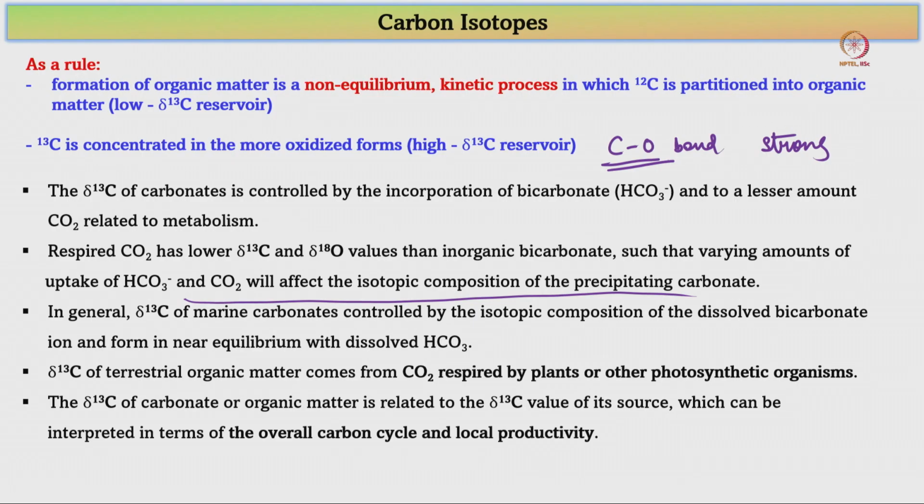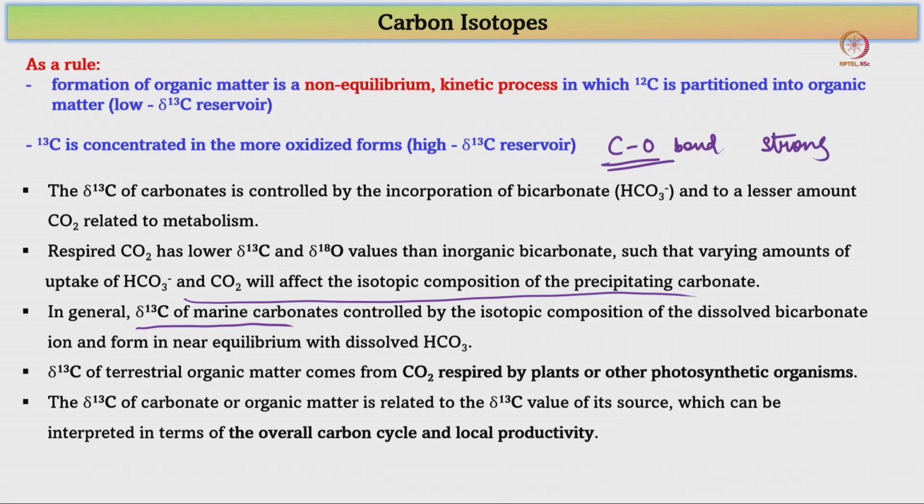Okay. But other than that, the delta 13C of marine carbonates, that is precipitated out as sedimentary rocks, not from shells of animals, not through animals, but just simply as calcium carbonate precipitating, first it will form lime and then limestone and all. If it is just simply precipitating, then that is at near equilibrium with the dissolved bicarbonate composition.